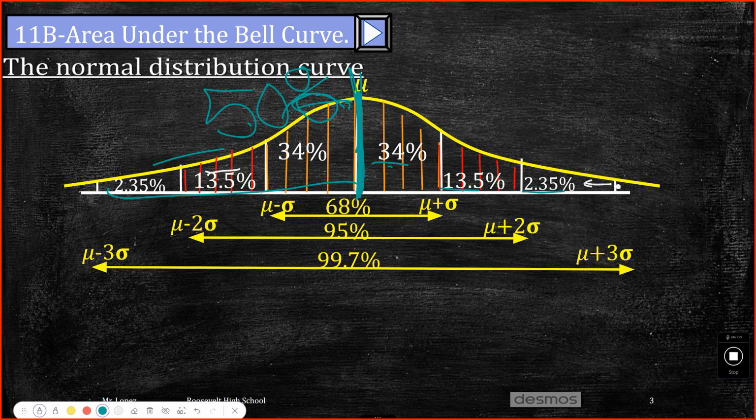What is 50 plus 34 plus 13.5 plus 2.35? 99.85. That would make sense because instead of 0.5, there's 0.35. You said 89? It's 99.85.